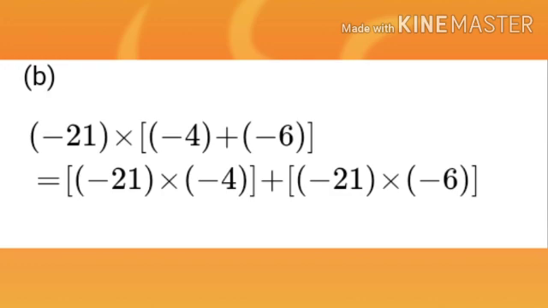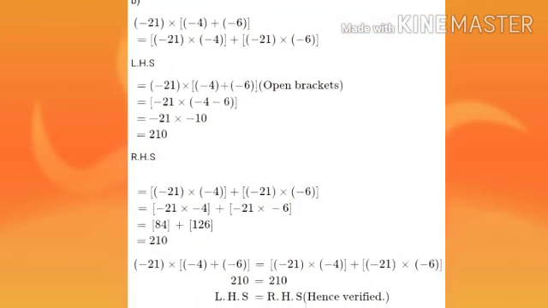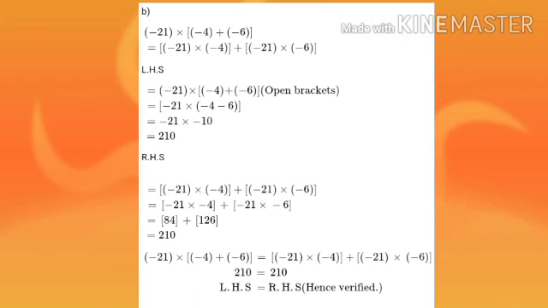So how can we solve this problem? Let's come. Here is the solution for subdivision B. In this problem, we have to verify whether LHS equal to RHS. First, we can take LHS. LHS equal to minus 21 into minus 4 plus of minus 6. So, what is the first procedure?